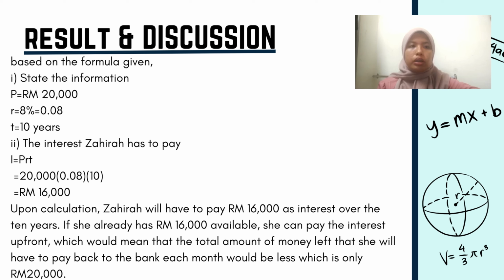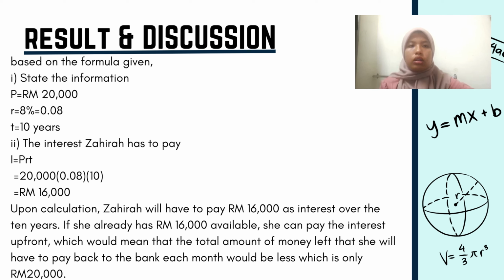So from this information that we write, we can find the interest Zahira has to pay. Firstly, we identify the formula that we want to use to solve this problem. The formula is I equals PRT, where I is interest, P is principal, R is rate of interest, and T is period of investment.